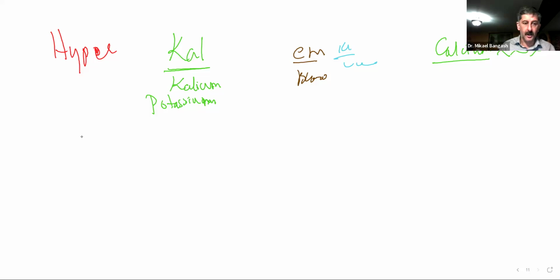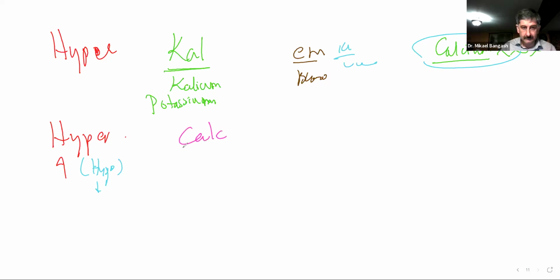So not calcium. If you want to say calcium, well, that's going to be hyper, greater than. If you go hypo, that's just going to be lower. It is going to be calc, calcium.